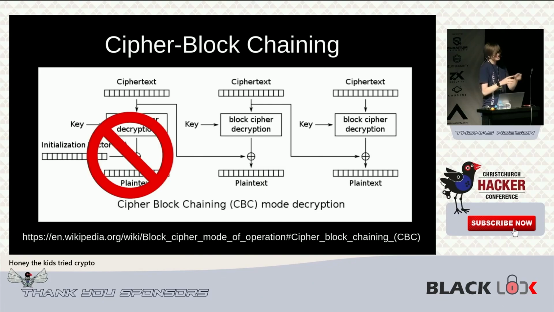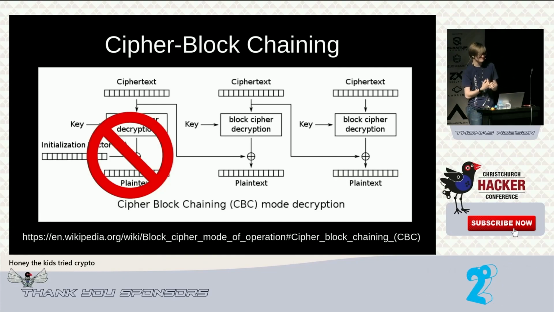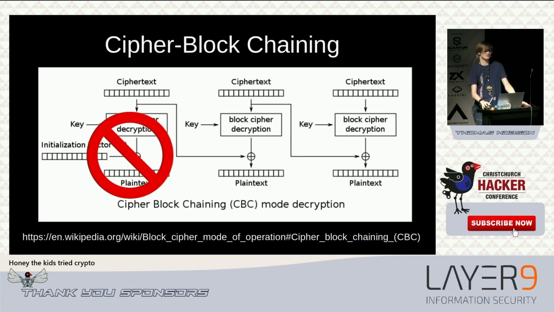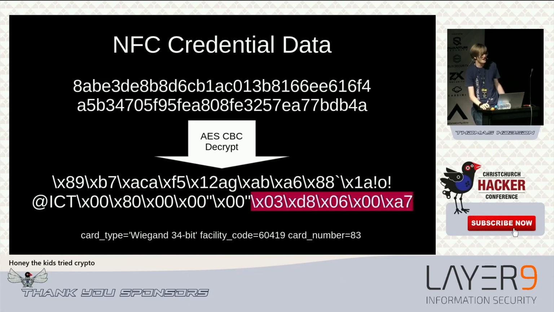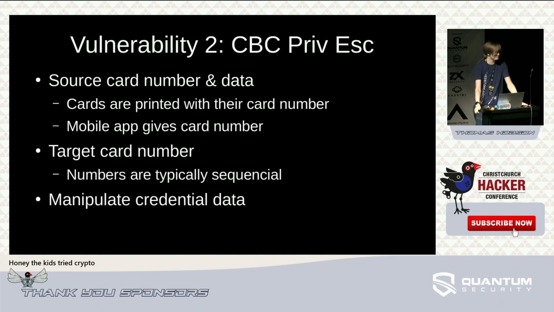We don't actually care about the first block of plaintext, we've just got that little red cross there. But for the second block, the plaintext is XORed with the ciphertext. This is typically used when you've got lots of data in an order, so you can't start reordering the blocks. But in this case, it's to our advantage because it allows us to XOR that credential blob, those 5 bytes that we know, to allow us to privilege escalate.